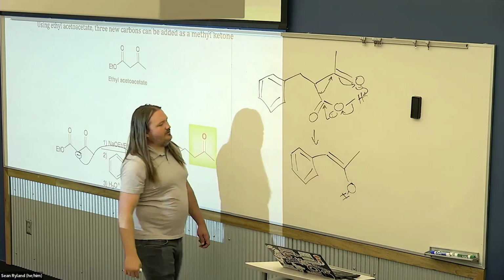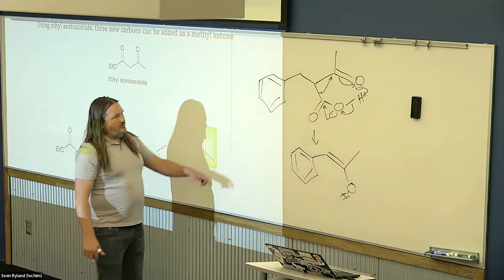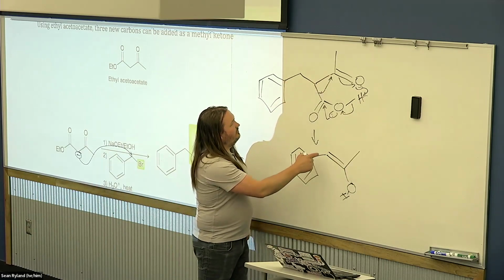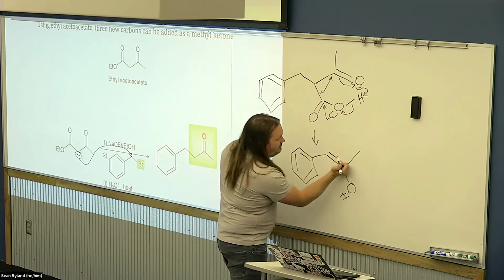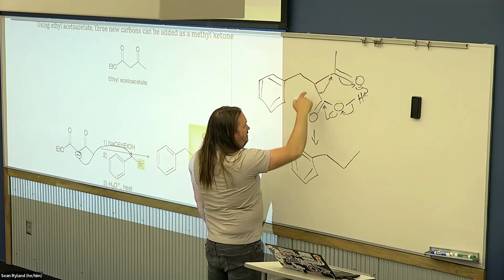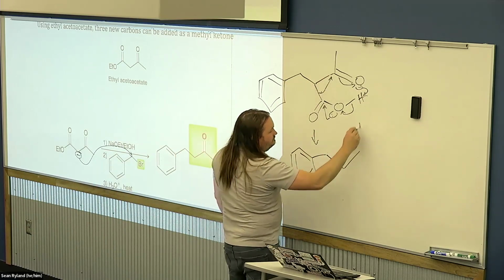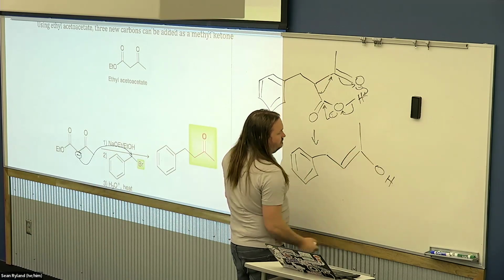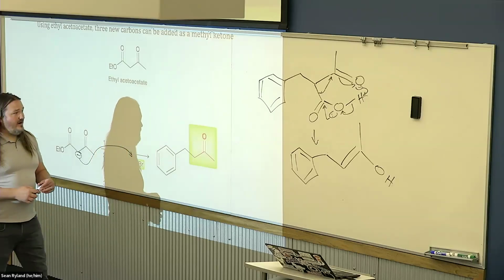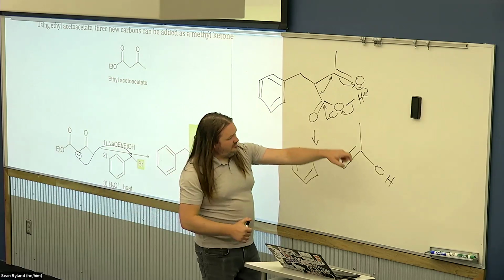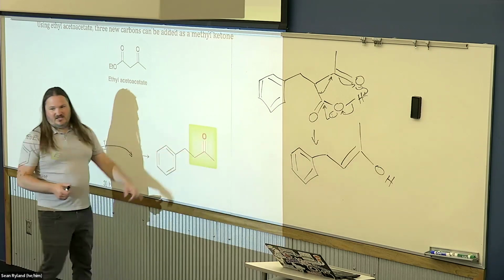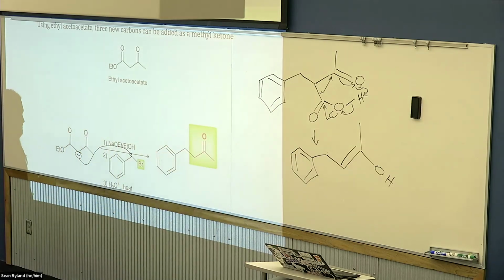Does that count all the carbons? One, two, there's our double bond between carbon 2 and 3. Same principle, I just counted wrong. The CO2 pops off, we made the enol, which then rearranges back into the ketone form.